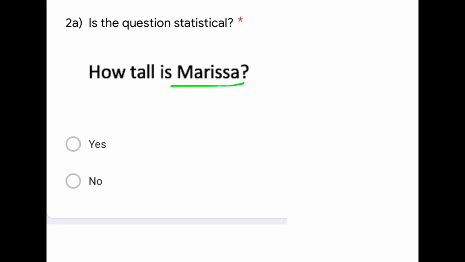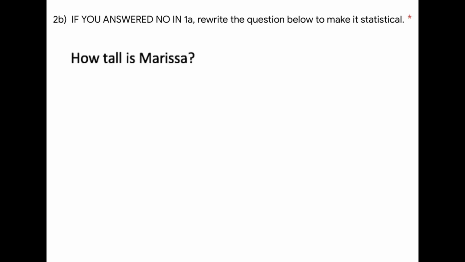If it is non-statistical, you are only going to get one answer. If you answered no in the question above, you are going to rewrite the question below to make it statistical.